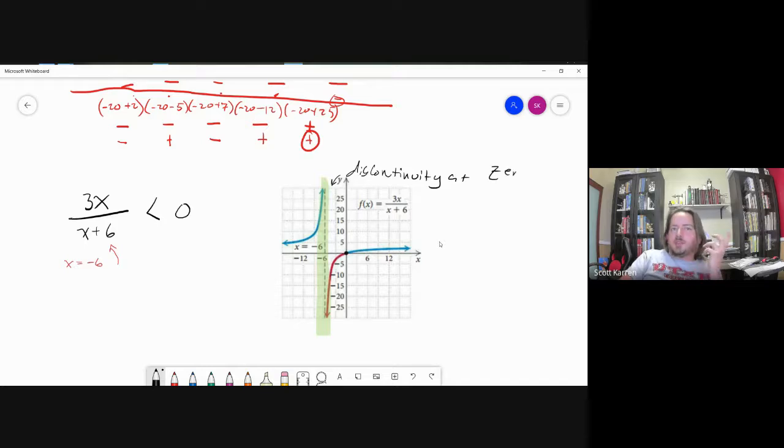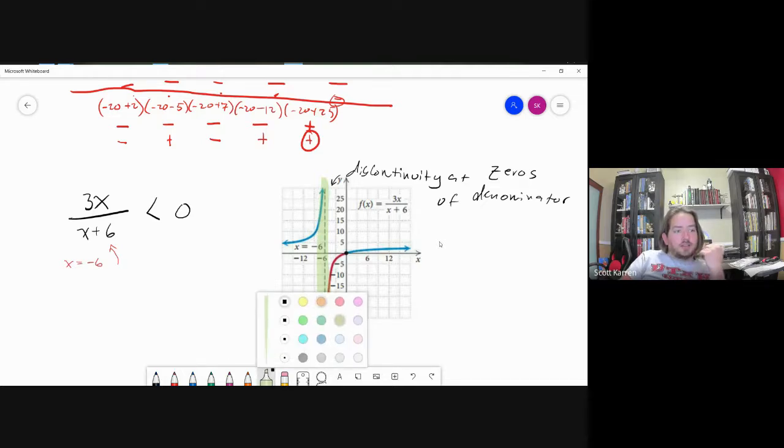And it happens specifically at zeros of the denominator. And more importantly, on the left-hand side of that discontinuity, we're positive. And on the right-hand side, in this particular example, we're negative.